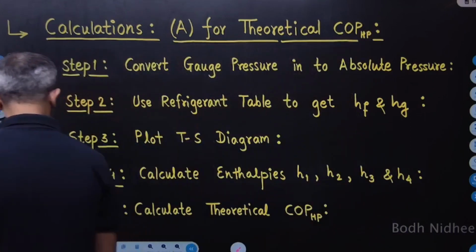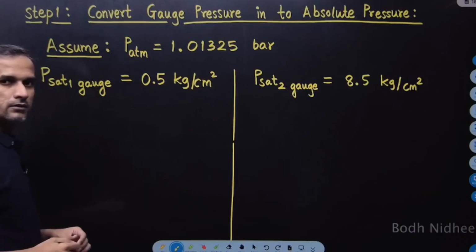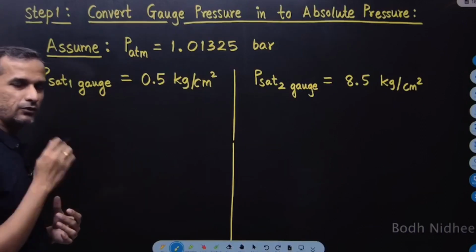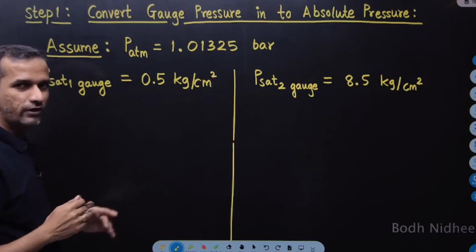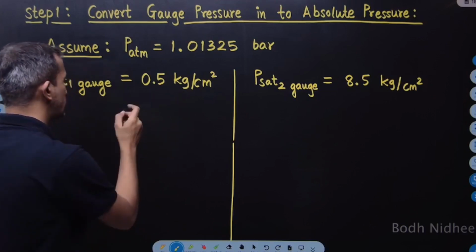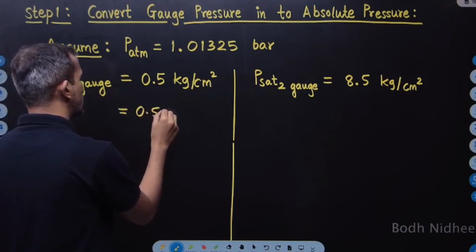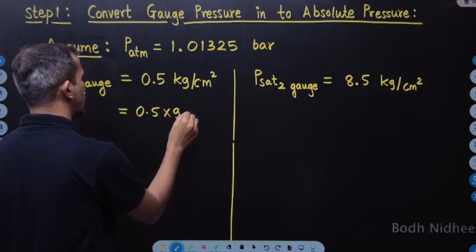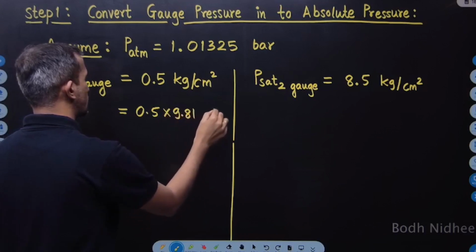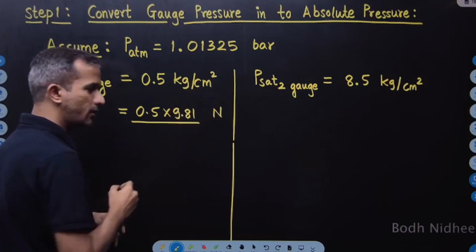So step number 1 is converting the gauge pressure into absolute pressure. To do that, firstly we will convert this kg per centimeter square into bar. I will convert that 0.5 kg into Newton by multiplying it with 9.81. This is Newton. Now I want to convert this centimeter square into meter square.